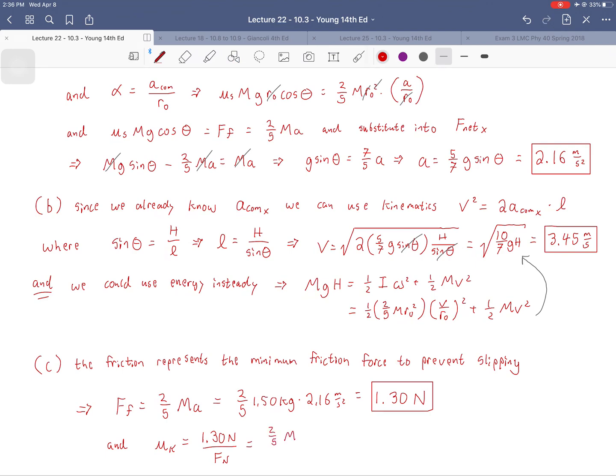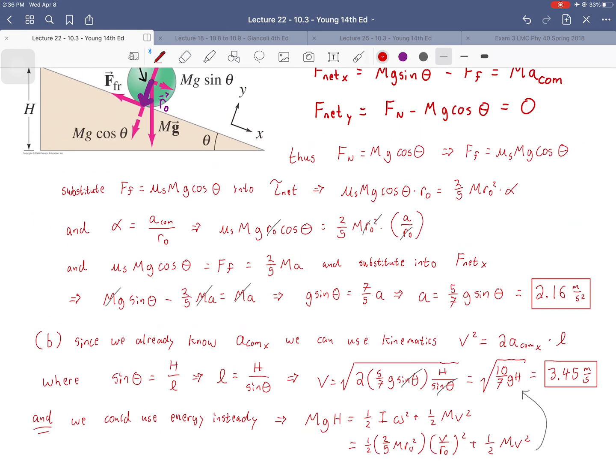So then it would be 2/5 ma divided by mg cosine theta. And so then we're going to get 2/5 a over g cosine theta.